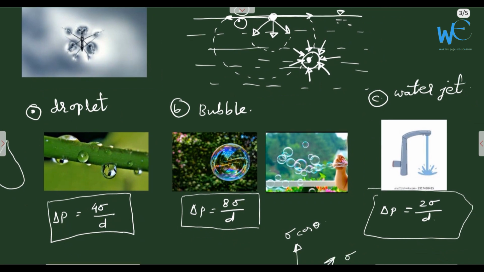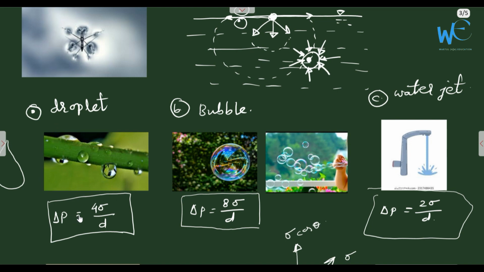Here are three examples of surface tension. First one is a droplet, second one is a bubble, and third one is a water jet. If I could teach you in a better way, it would be more joyous for me. But right now, since I'm focusing on your exams, I have to prepare you in a very concise manner.